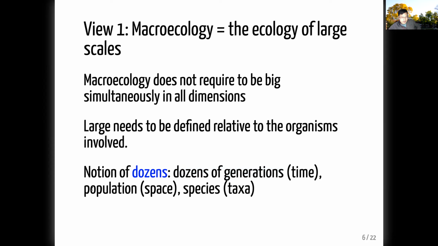For space, we can think about maybe dozens of populations and the area they occupy. And for species, if we have more than a dozen species, then potentially this can be called large enough for the taxonomic dimension.